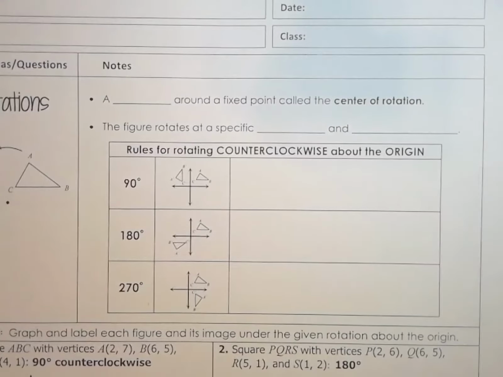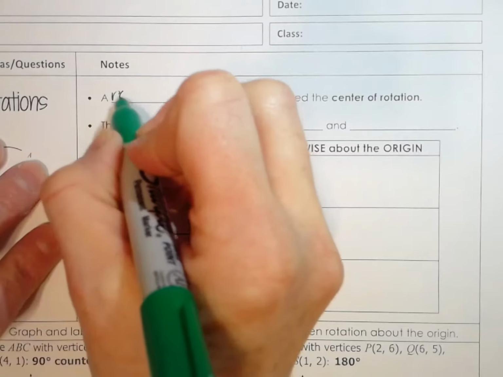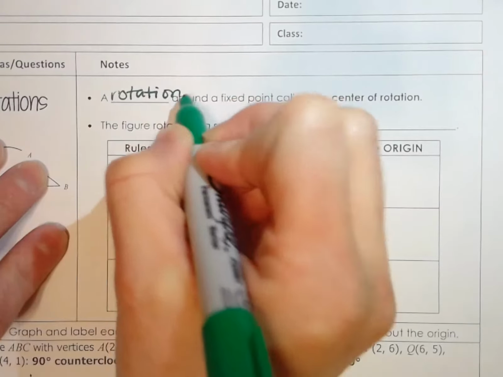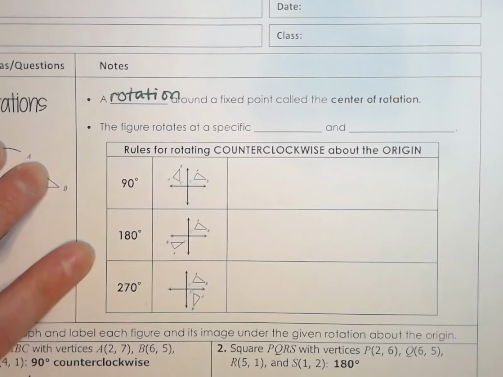So if we look at the notes, a rotation is around a fixed point called the center of rotation.